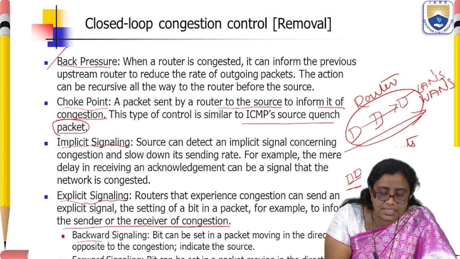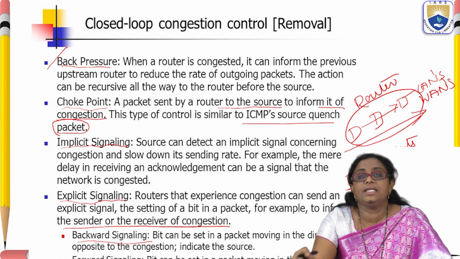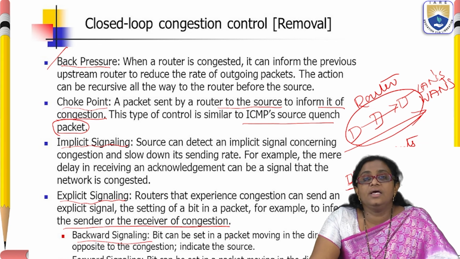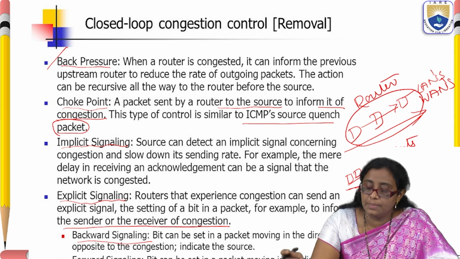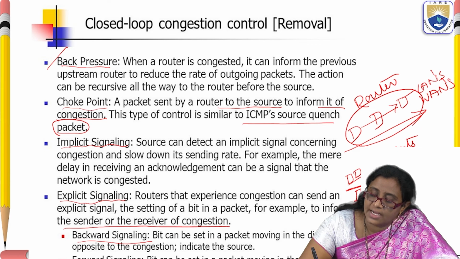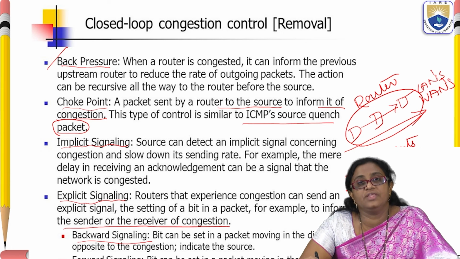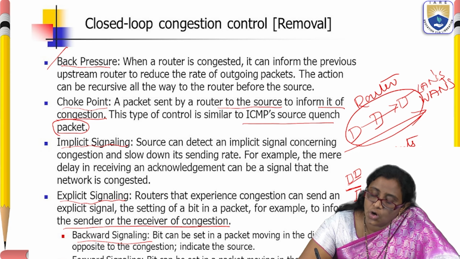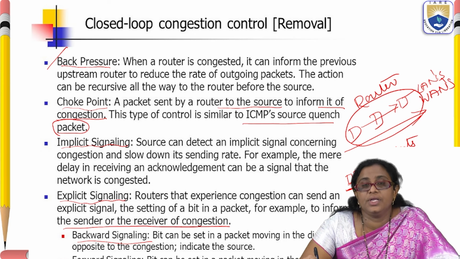Here backward signaling means a bit can be set in a packet moving in the direction opposite to the congestion. Backward signaling means, as I have already explained to you, one data bit can be sent to check the condition of a flow of traffic, whether it is a free flow of traffic or congestion oriented.